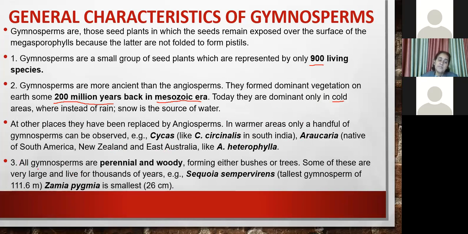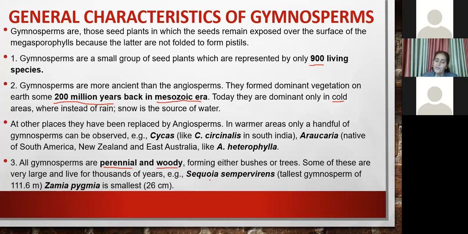The third point is all gymnosperms are perennial. Perennial बहुवर्षीय होते हैं and woody, forming either bushes or trees. Some of these are very large and live for thousands of years. और अभी भी हैं.